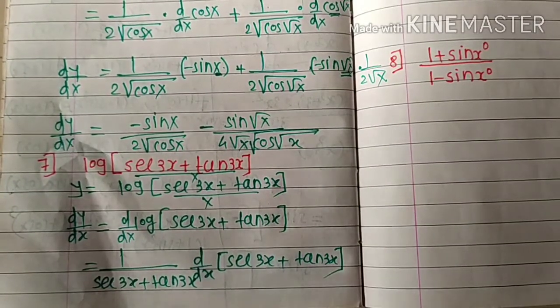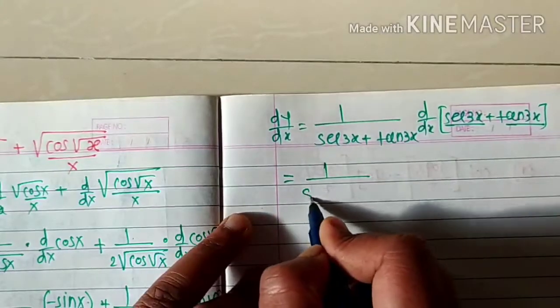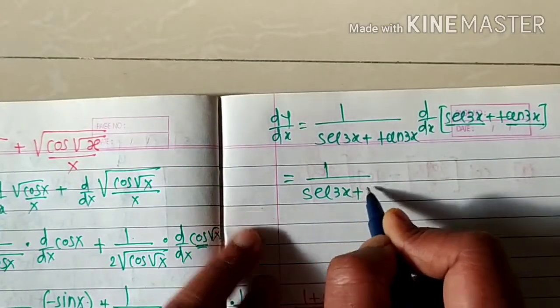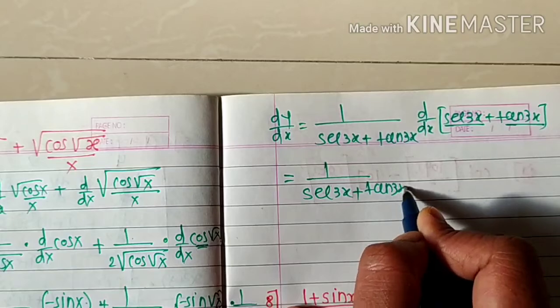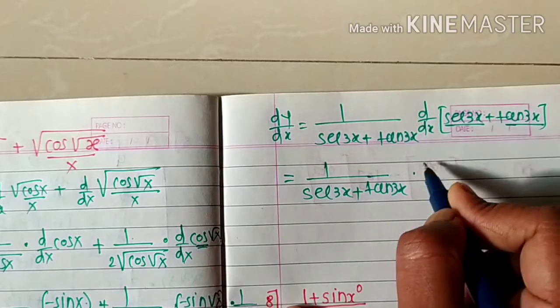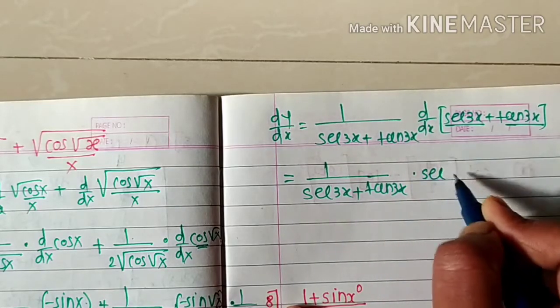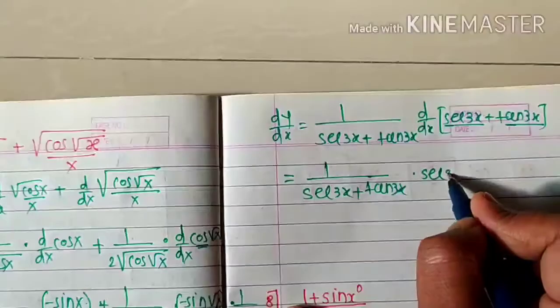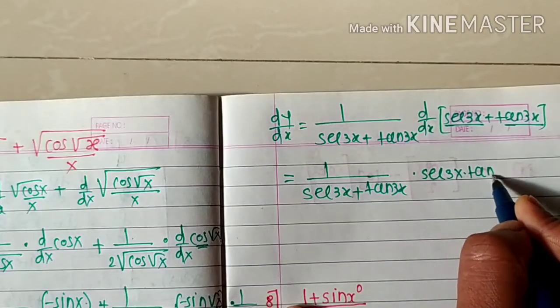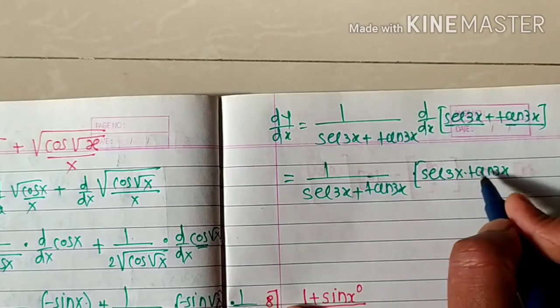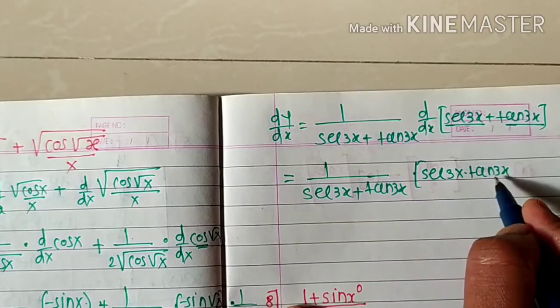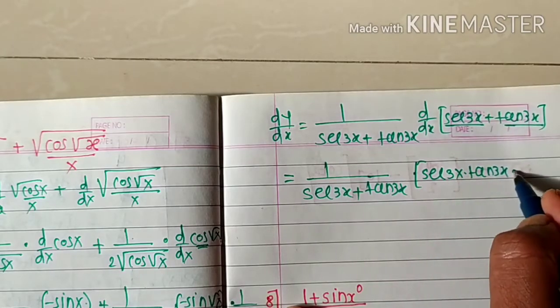Okay, then separate, then the derivative of sec x is sec x into tan x, means here sec 3x into tan 3x, into the derivative of the inside, that is 3x derivative is 3.